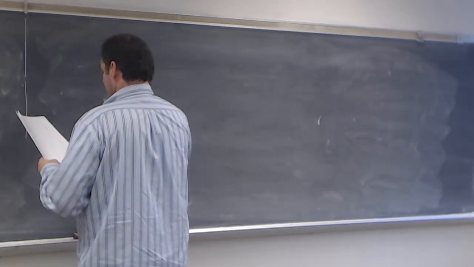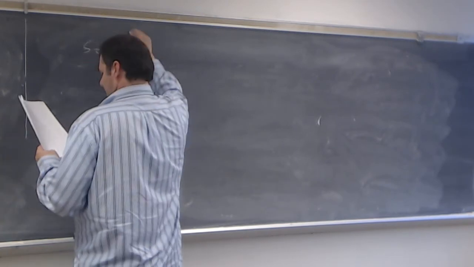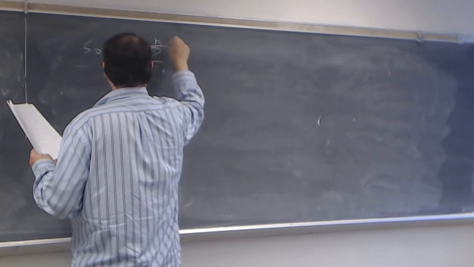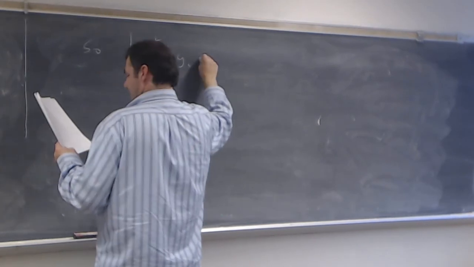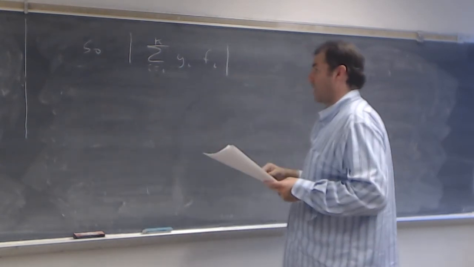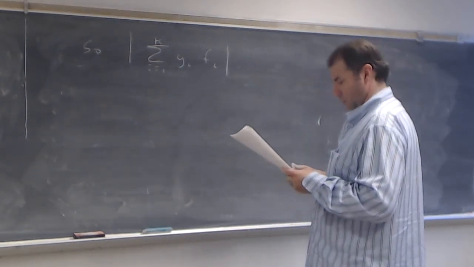Okay, so how are we going to use it? Well, we'll look at this. The norm of the sum as i runs from 1 to k of y sub i times f sub i. So remember, that's something we're integrating. That's where we left off.